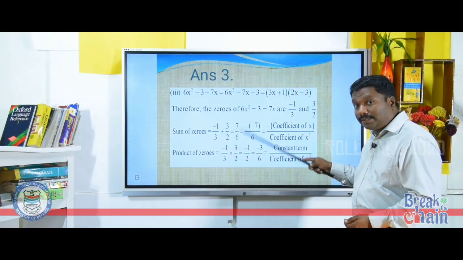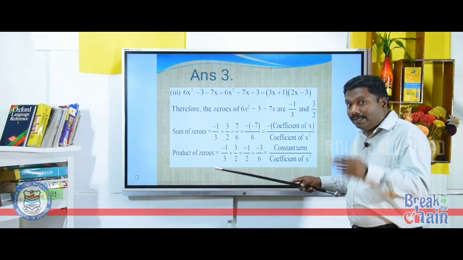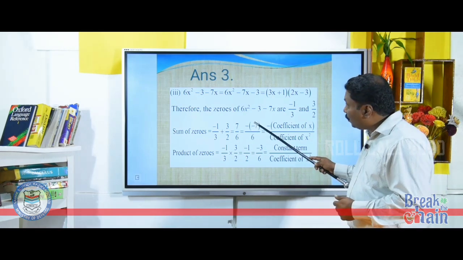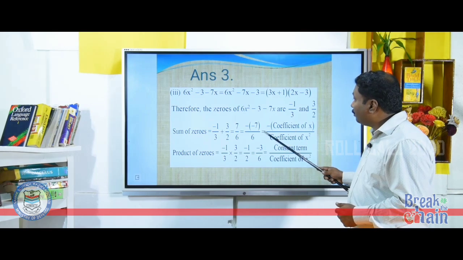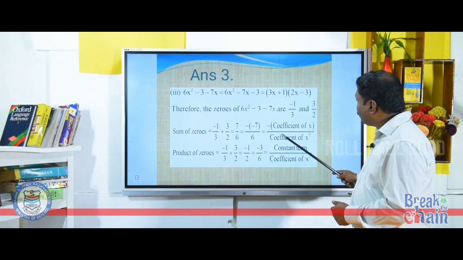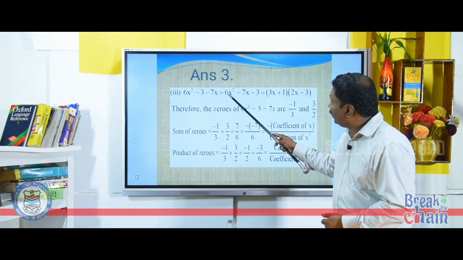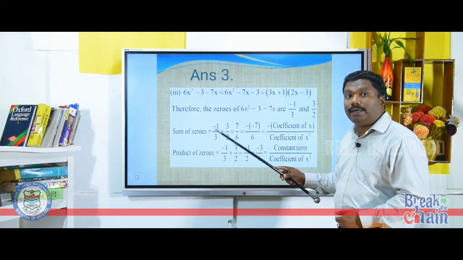This 7 by 6 we can express as minus of minus 7 by 6, that is minus of coefficient of x by coefficient of x square, minus b by a.